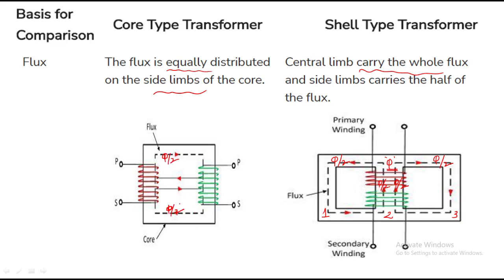Why is it half of the flux? Because the first limb consists of primary and secondary winding, like that the second limb consists of primary and secondary winding.